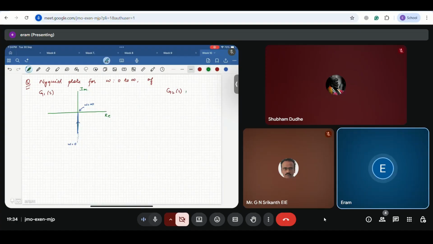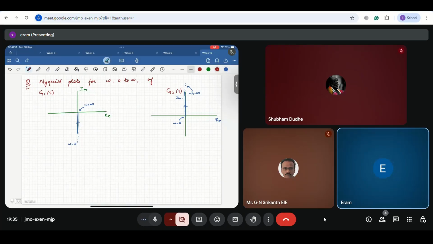Similarly, you have another transfer function whose Nyquist is just the mirror image. It is extending to infinity, and this is omega at 0, and this is omega at infinity. This is the real part and this is the imaginary part. So you have two transfer functions g1 and g2, and their Nyquist plots are given to you for omega varying from 0 to infinity.